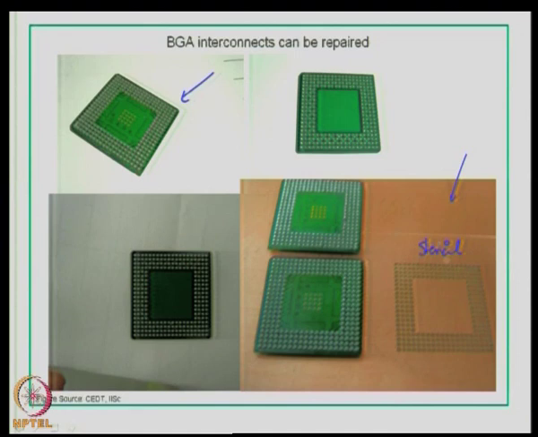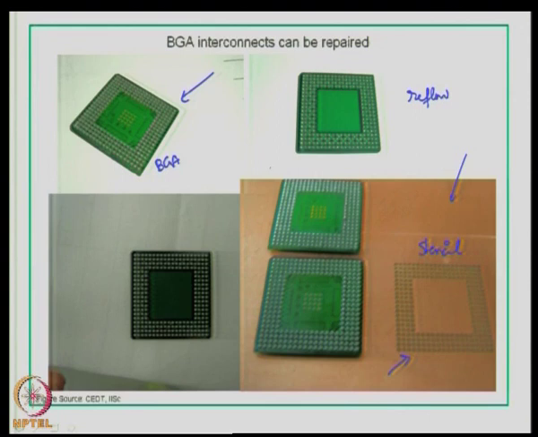So, you can print a solder paste through this stencil onto this particular BGA package, where the older solder balls have been removed. Now, once the print has been done, they go through a reflow process in an oven at specified temperatures pertaining to the melting point of the solder material.